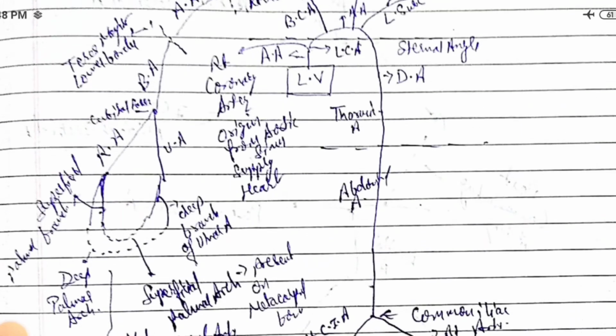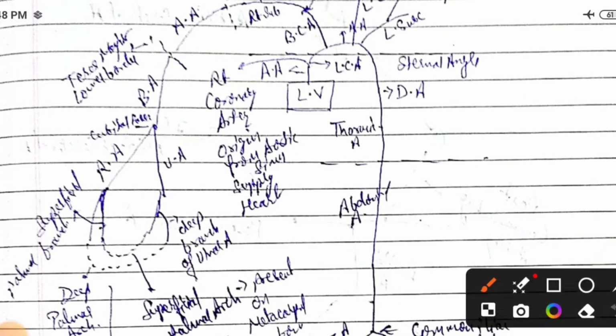Now move forward. Where does the arch of aorta end? At the sternal angle. Then the descending aorta arises. The descending aorta in the thorax is known as the thoracic aorta, and after the diaphragmatic opening it goes lower down and is known as the abdominal aorta.